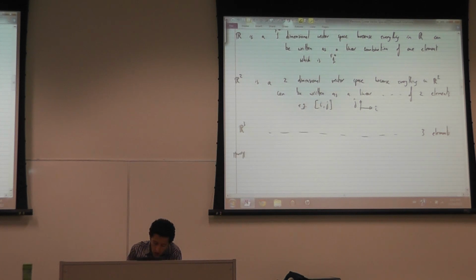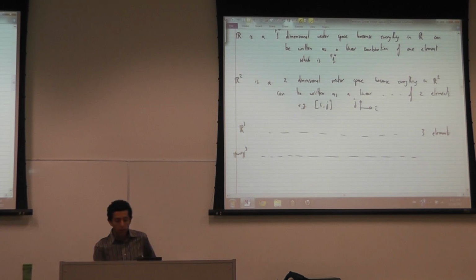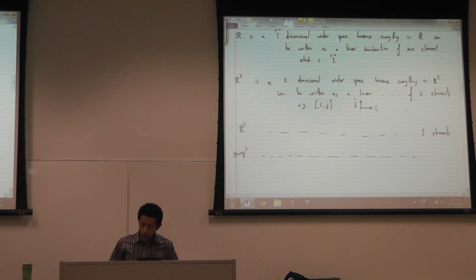Space of 3 by 3 square matrices is a linear vector space. How many dimensions do you think that space has? Nine dimensions.